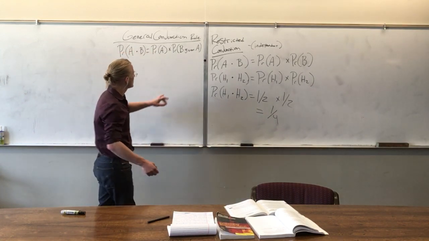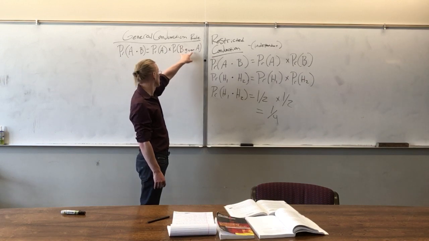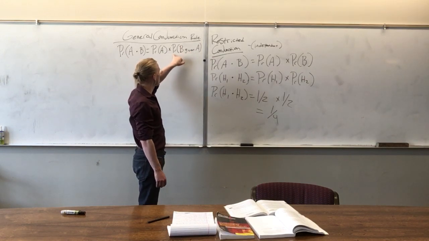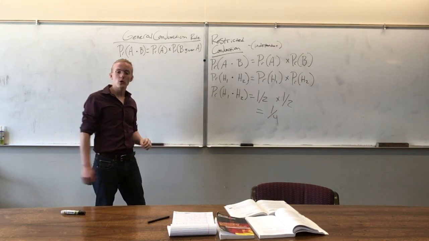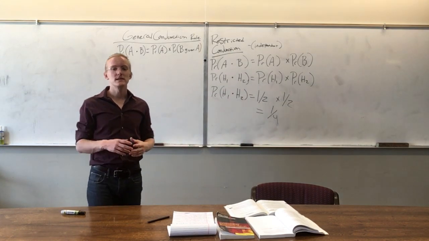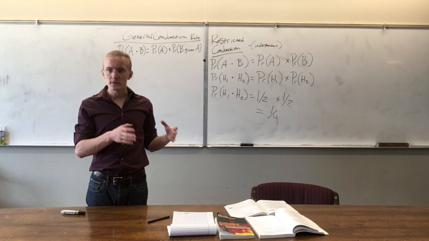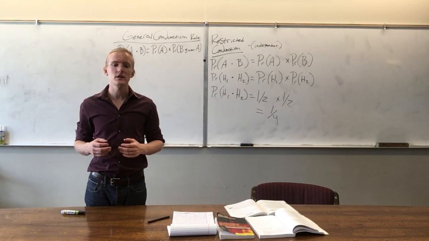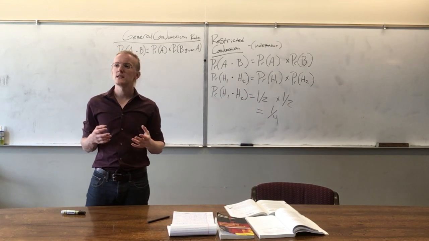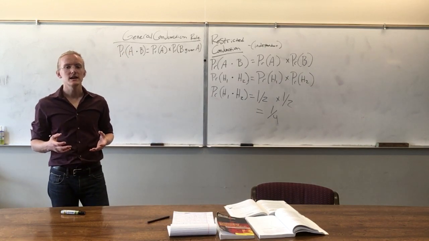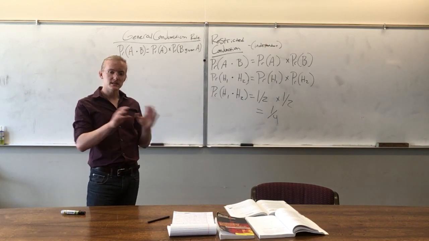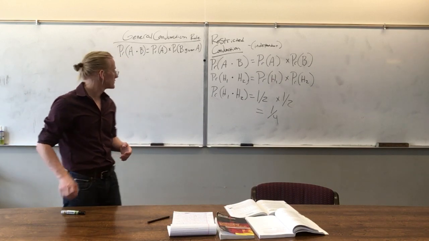So the way that we recognize this in notation is we write the probability of B given A's already having occurred. This is our way of saying that the probability we're calculating is the probability based in the new game, in the new deck of cards.